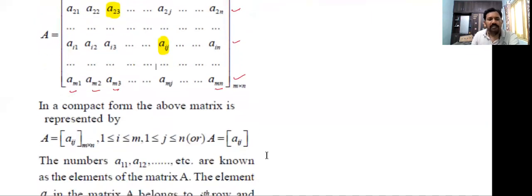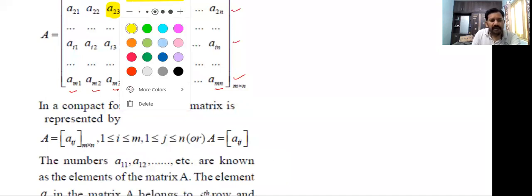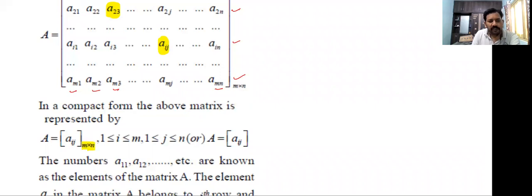Now, in compact form the above matrix is represented by A equals Aij, an m by n matrix. There are m rows and n columns.